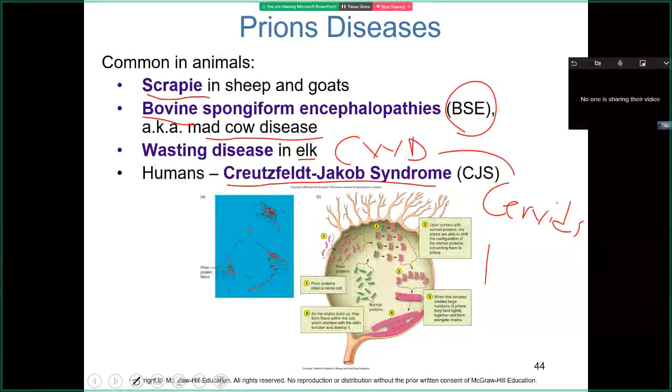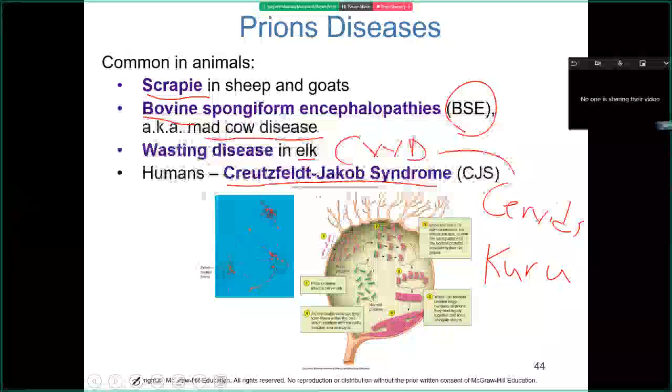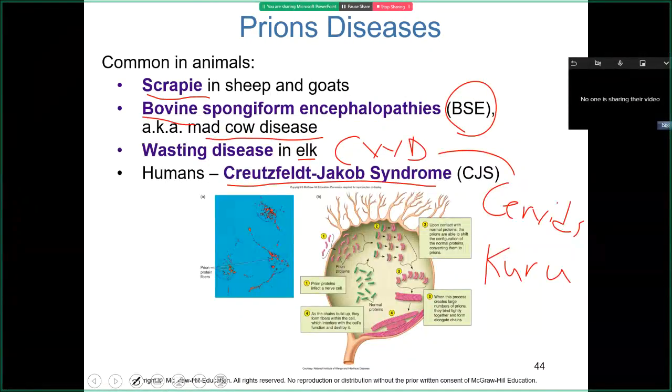One called Kuru, which appears and has appeared, I don't know how frequently it appears now, but it has appeared in tribal or aboriginal cultures that historically practiced cannibalism. They don't do that so much anymore, but if you were to do that and eat the brain of, say, one of your enemies after a battle, you might acquire that, and that was noted in some of those populations. So there's that.